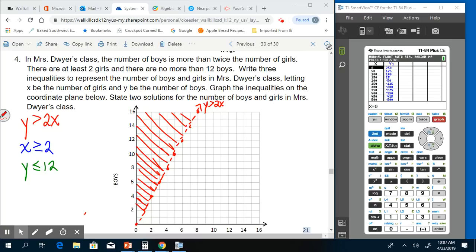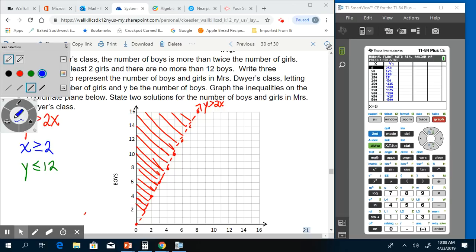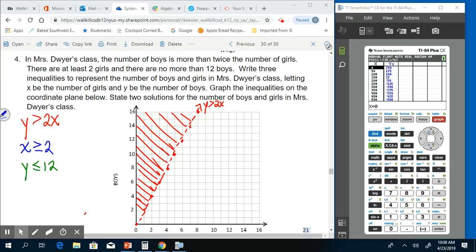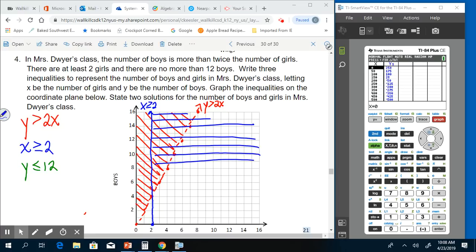Okay, then we have X has to be greater than or equal to 2. So we haven't done any of these X equal ones, but for X equals, we find where X is 2, and we're going to draw a vertical line. And we're going to shade to the greater side of the graph.